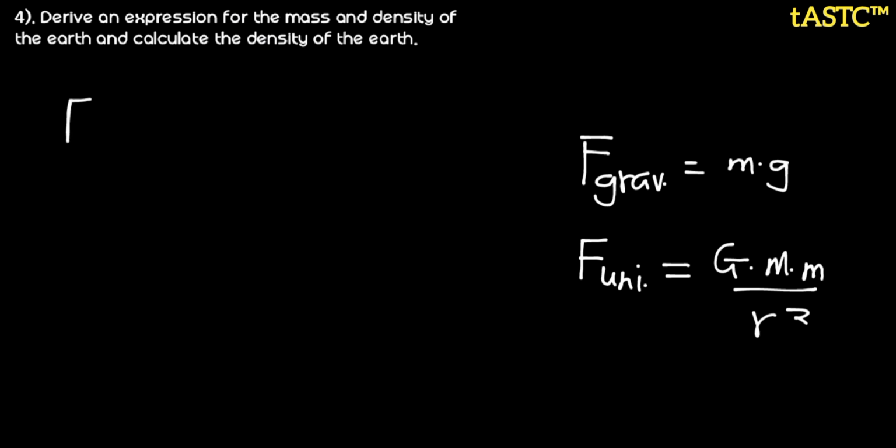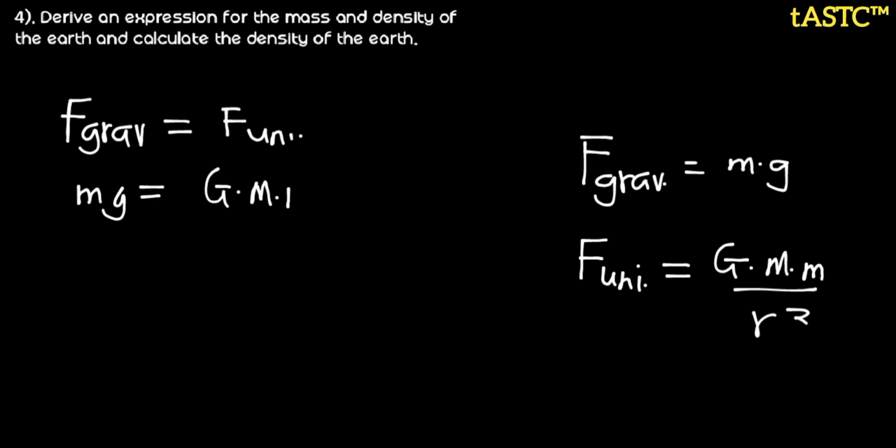Since the gravitational force, or the weight of the object, is the same thing as the force due to Newton's law, we have m multiplied by g equal to G multiplied by capital M multiplied by small m, divided by r squared.